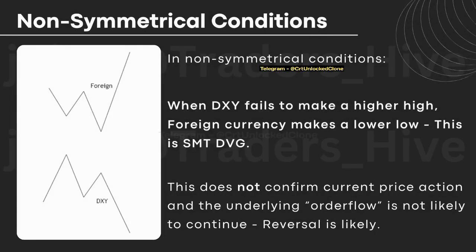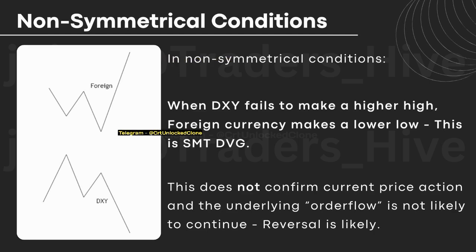So another scenario for non-symmetrical market condition would be the following: when DXY fails to make a higher high, a foreign currency makes a lower low. This again suggests SMT divergence because there is a clear discrepancy in the symmetry of the price action between these two correlated assets or markets or instruments, right?